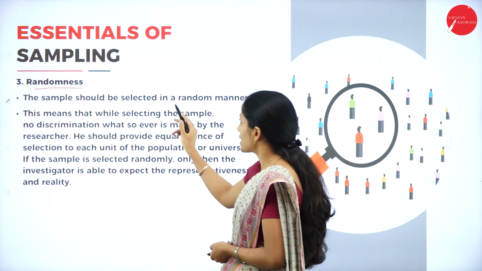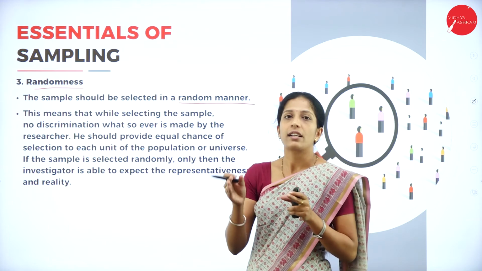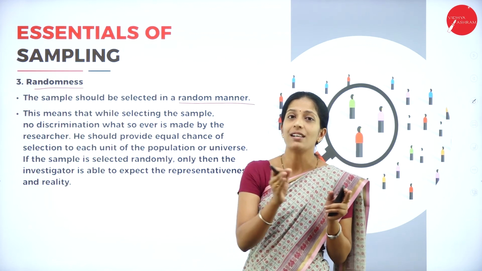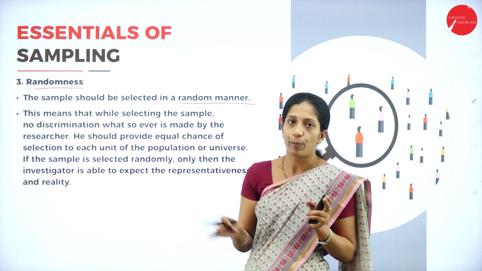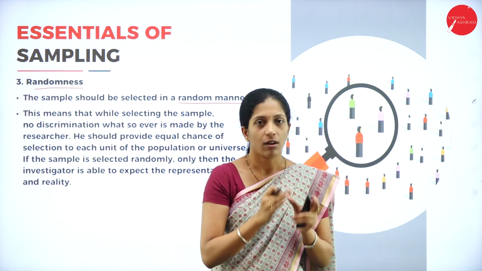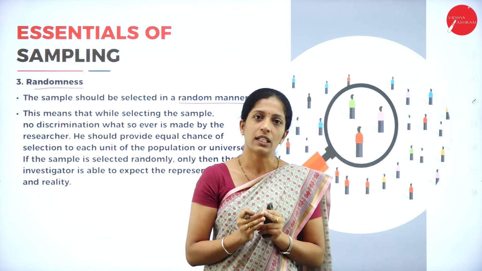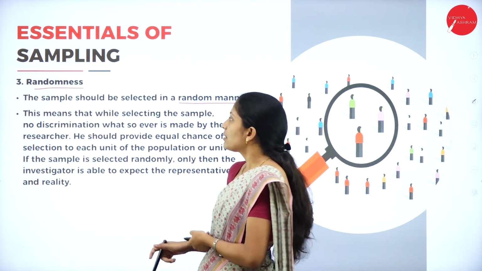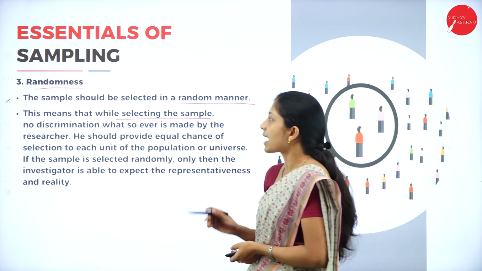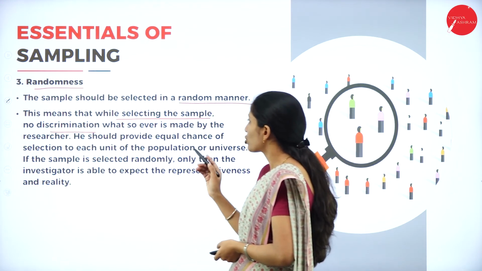Next one is randomness. The sample should be selected in a random manner. I have already told you, we can't select the sample from a similar or the same part of the whole population. Randomly we have to choose the sample. This means that while selecting the sample, no discrimination has to be made.